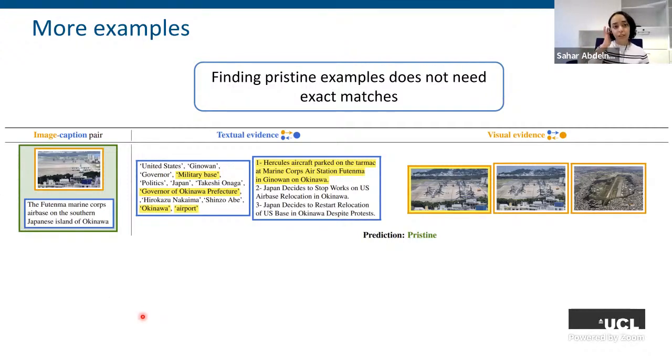And the cool observation here that we found is that we don't need to have an exact match of the image or exact match of the query in the textual and the visual evidence in order to reach a conclusion that this is a pristine example. So in here, these are a subset of the visual evidence that we got using this caption. And in here, this is again the highest attention image.